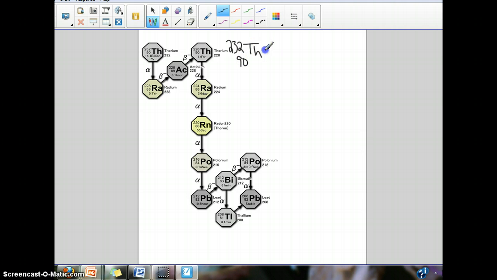Okay, and we know that it undergoes a series of alpha, which is 4,2, and beta decay, which is 0, -1, to become the final product of, let's see, there's our final product of lead 208, 82.